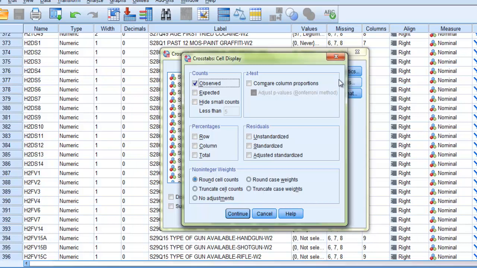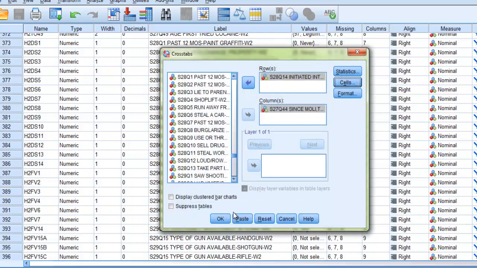So we want to compare percentages of the independent variable, which is along the row. So we really only want to look at row percentages. We'll keep observed counts checked just because it's the default option here. After that's checked, just click Continue and then click OK.